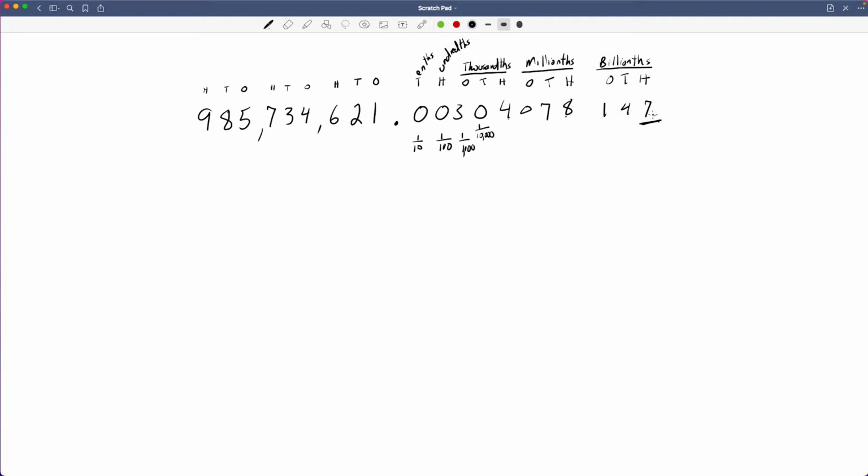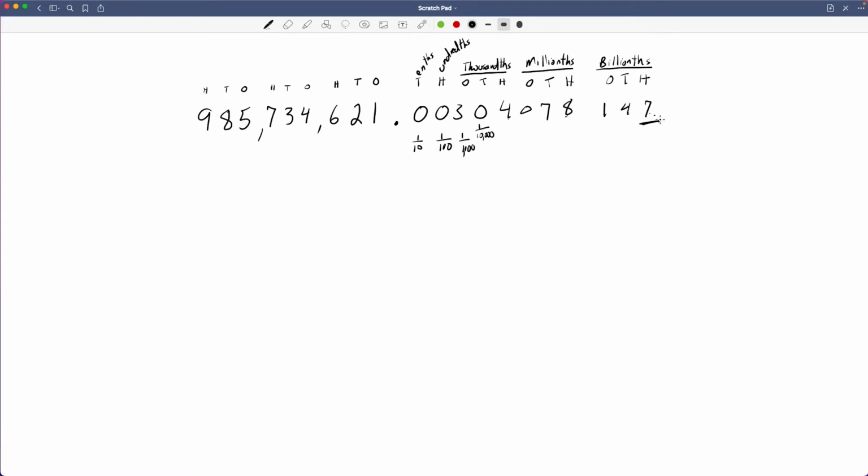You skip these two and then you go thousandths to 3, that's 100 thousandths, millionths to 3, that's 100 millionths, and 1, 2, 3, 100 billionths. And you'll see that pretty readily.